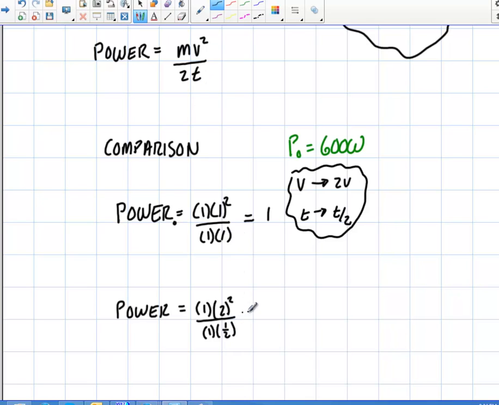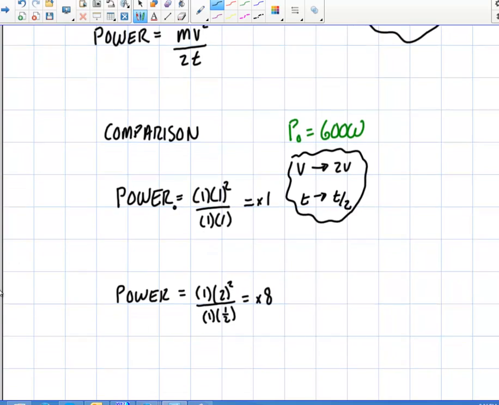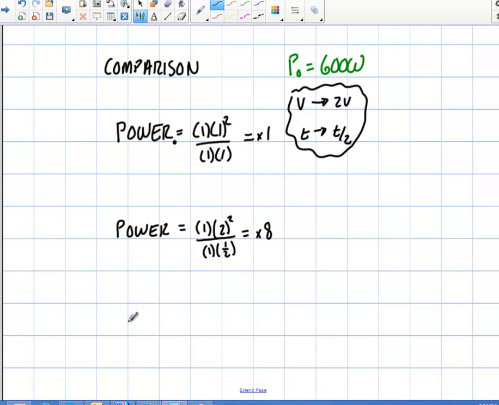So now when I go ahead and deal with that, I have 4 divided by 1/2, which is just going to be 8. So this is a factor of 8. In other words, it's 8 times the original. So the power final is 8 times the original. So, very simply, I can now say that my final power, in terms of my new speed and my new time, is just going to be 8 times the original, right?